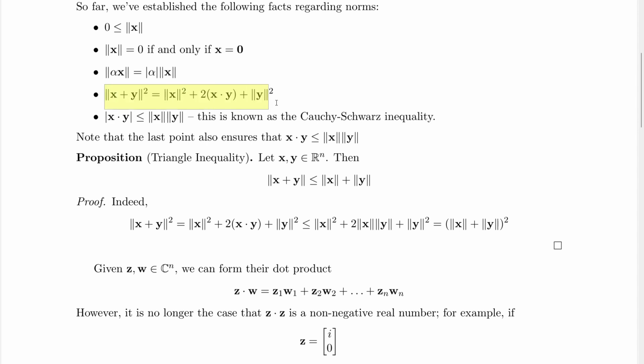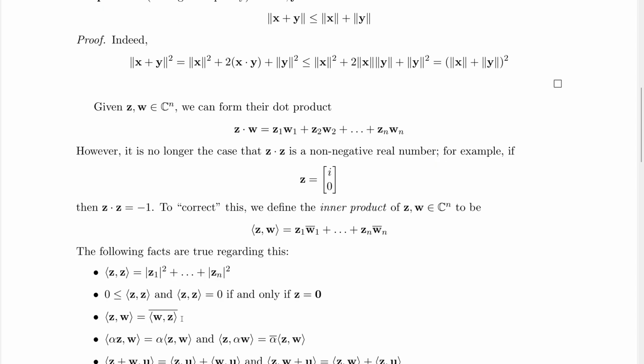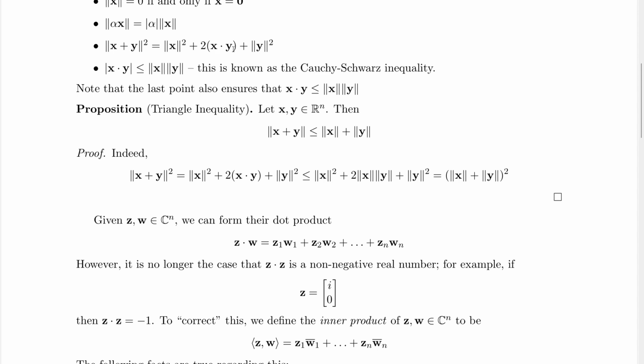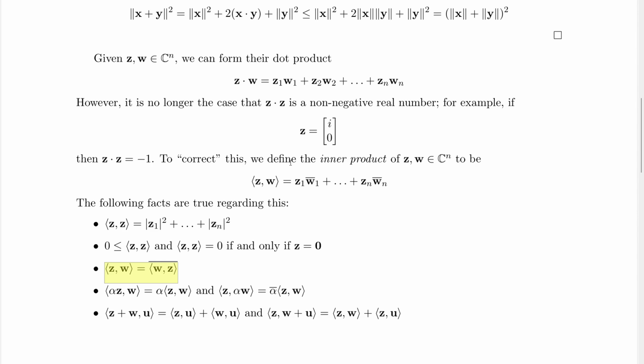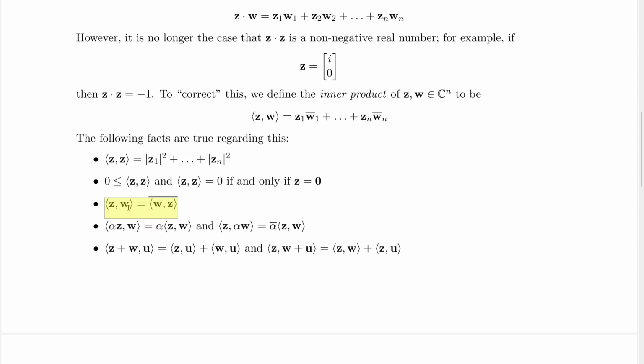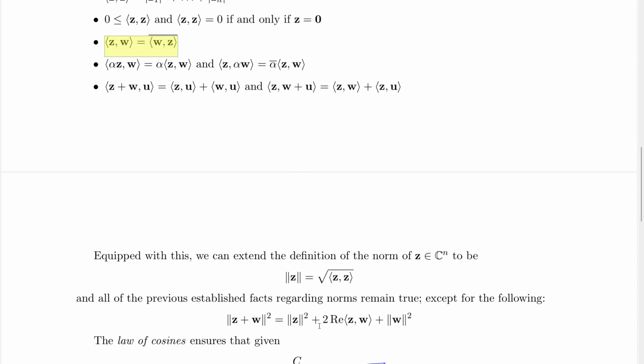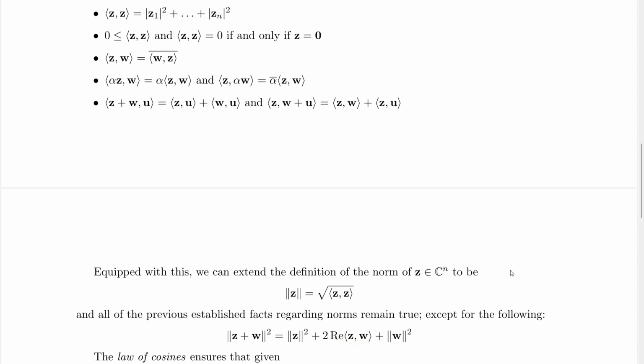This result right here changes ever so slightly because of the conjugate symmetry. Now note in the proof of this, we had x dotted with y plus y dotted with x. Well, then with inner products, you'd have inner product of zw plus inner product of wz. And so when you swap it, you won't pick up twice the inner product, you'll rather get twice the real part.